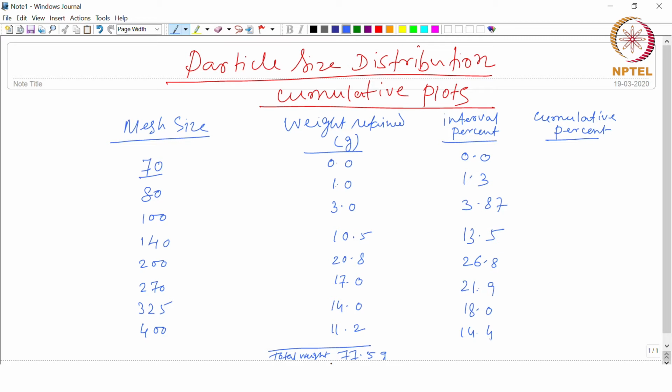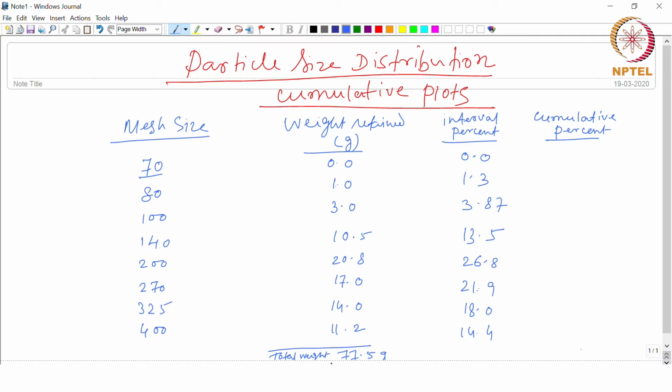So, these are the interval percentages, and now if you take the cumulative percent, you can simply add up for a given size whatever is before that, or whatever is below this you can add it up.